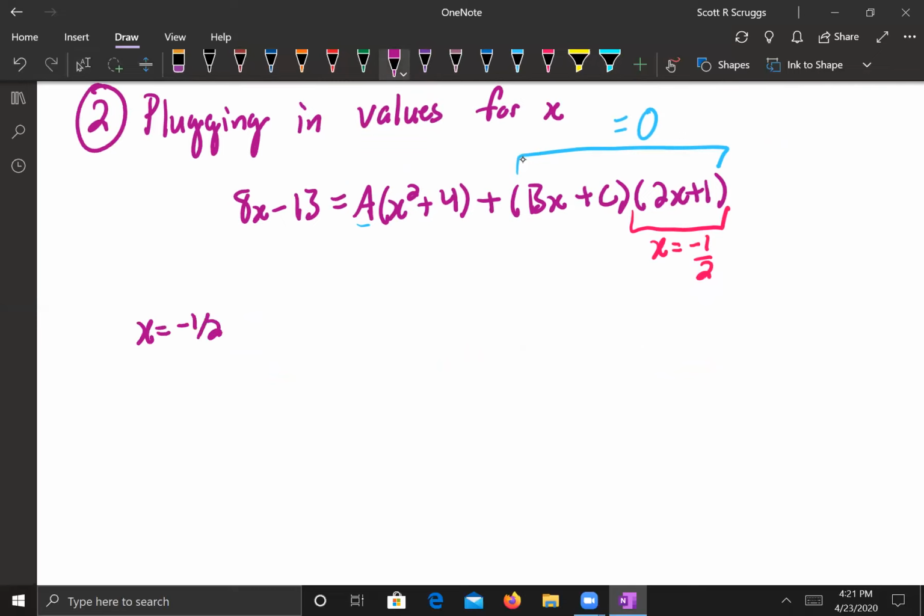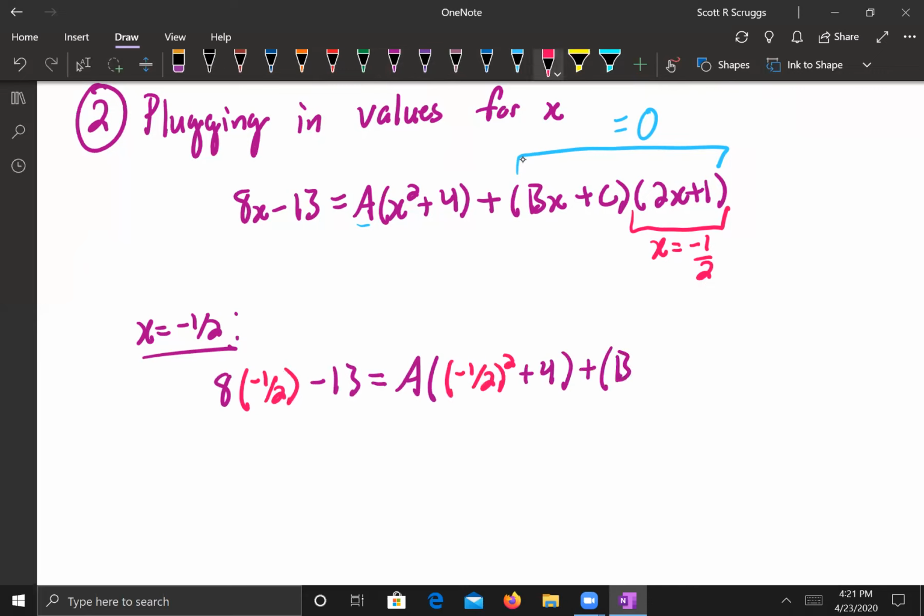I plug in -1/2. I get 8 times -1/2 minus 13 equals a times -1/2 squared plus 4, plus b times -1/2 plus c times 2 times -1/2 plus 1, which we already concluded gives me 0, which means this whole second term is equal to 0.